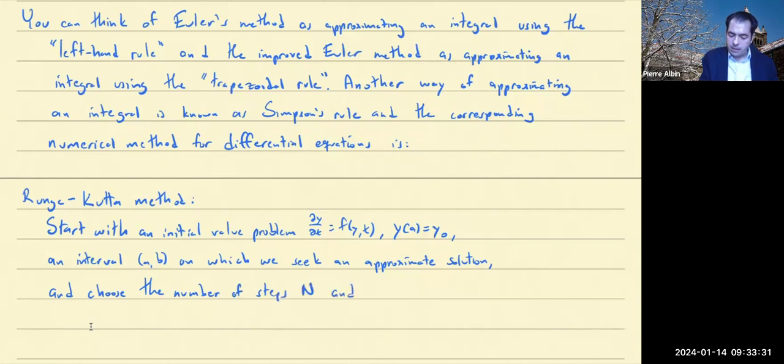Then you let delta t be (b minus a) divided by n, and define t_i to be a plus i times delta t.